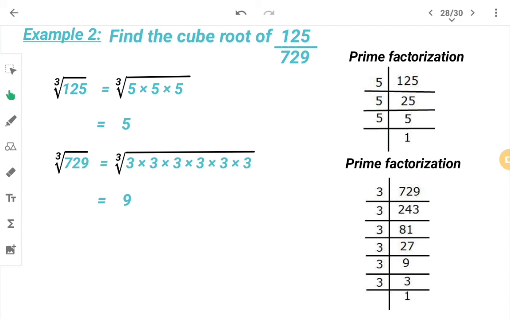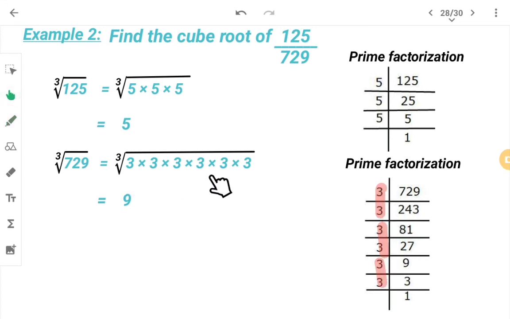Then the cube root of 729. If you want, you can write it in this way, or else you can make a pair over here. From there also you can write. That is 3 3s are 9, here also 3 3s are 9, 3 3s are 9. As I told you, you can make a group, so 9 into 9 into 9.